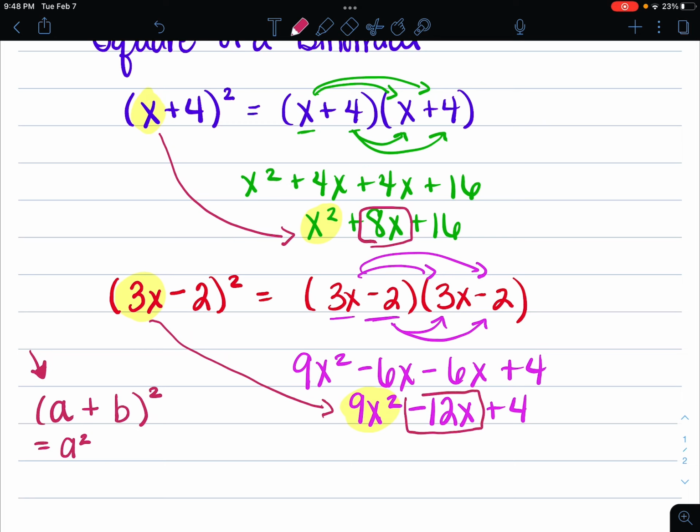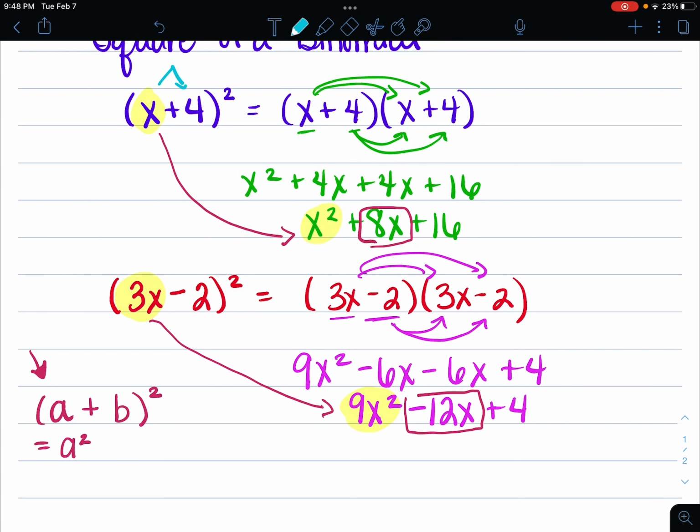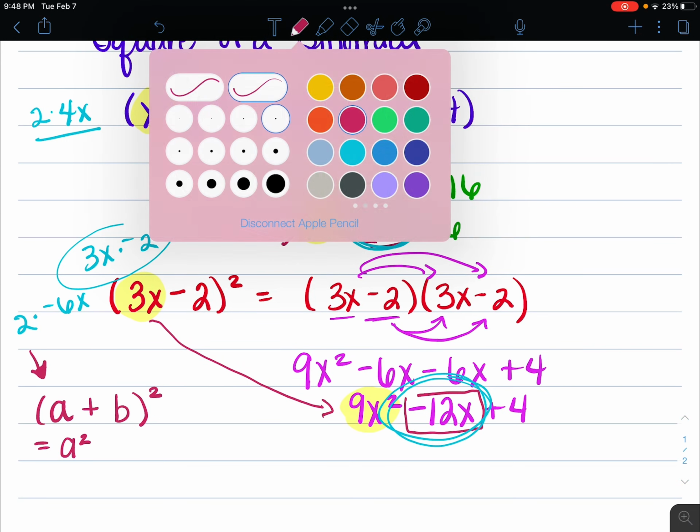Your middle term, in this case, the 8x and the minus 12x, is whenever you take these two terms and multiply them, but it's doubled, right? x times 4, of course, is 4x, but whenever I double that, I get 8x, right? 3x times negative 2 is negative 6, right? If I multiply that, I get negative 6x. And then whenever I double that, look what you get, negative 12x.